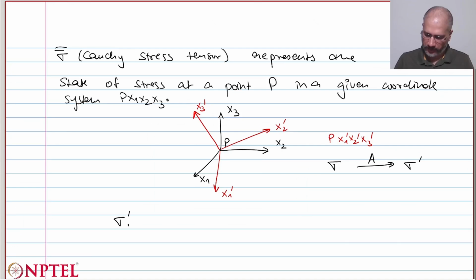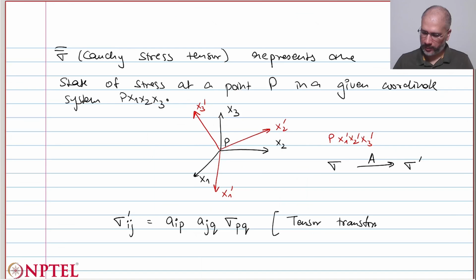Sigma prime ij is given as A_ip A_jq times sigma_pq. So this is the tensor transformation property.